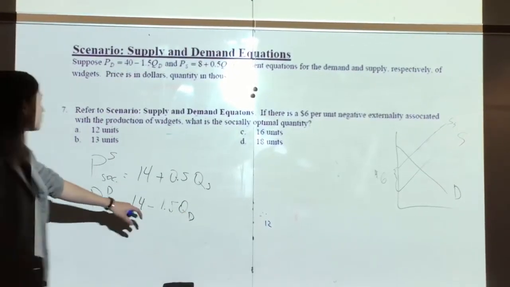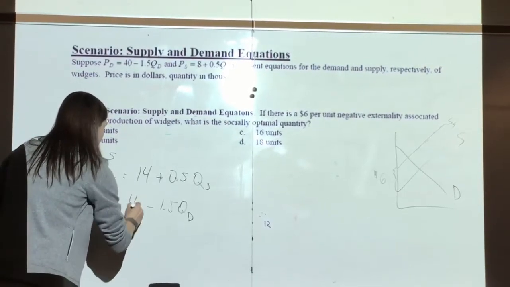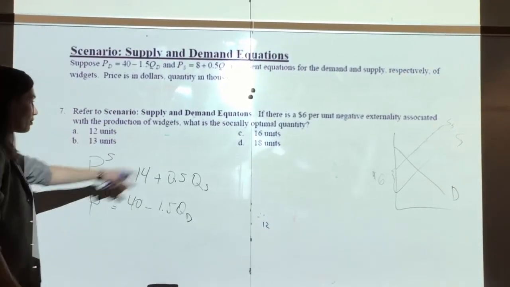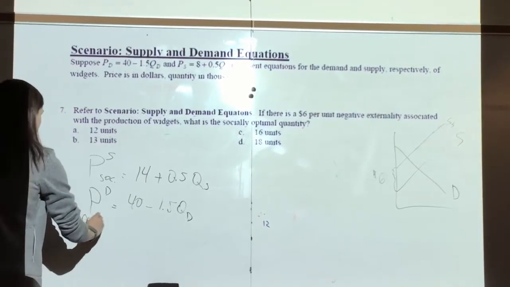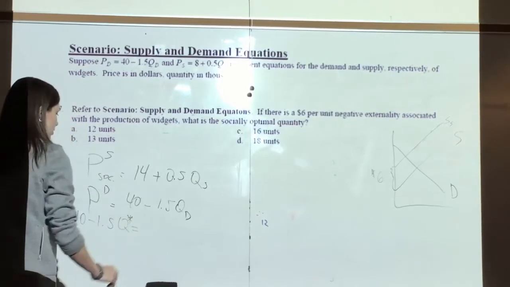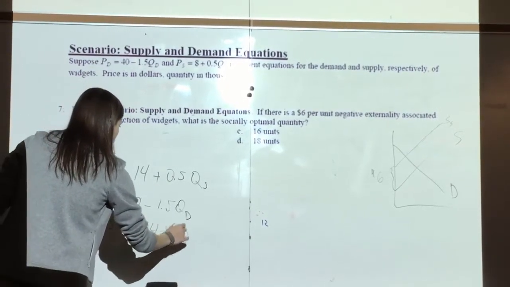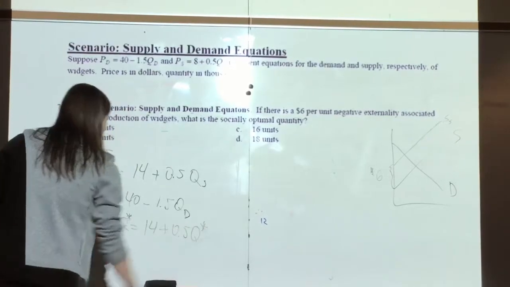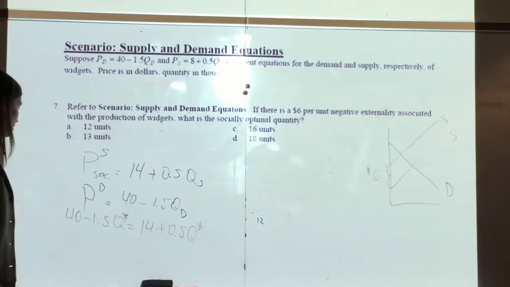When they intersect, sorry, this is 40. When they intersect, the prices are going to be the same and the quantities are going to be the same. So I have 40 minus 1.5Q star equals 14 plus 0.5Q star. The Q's go to one side.